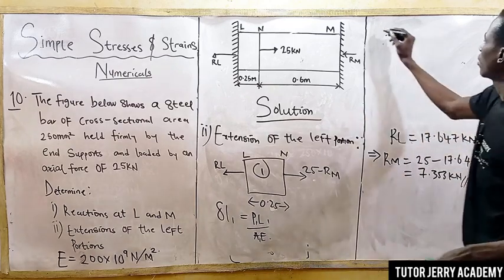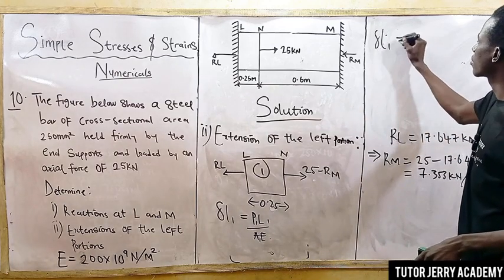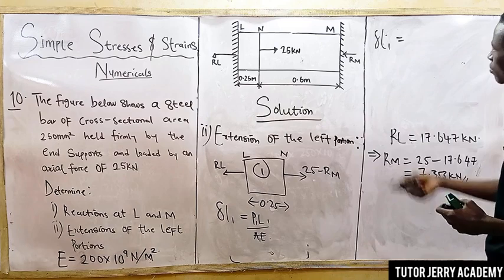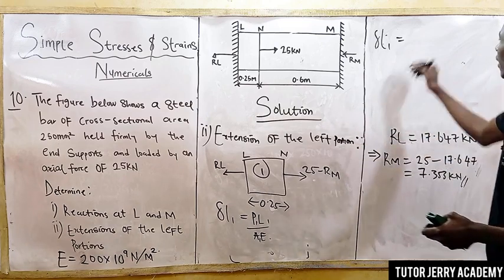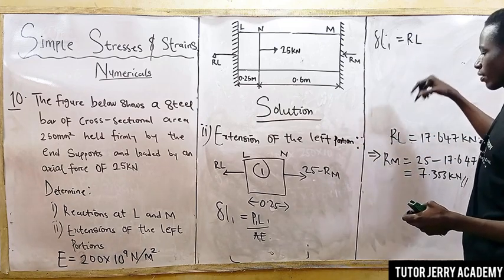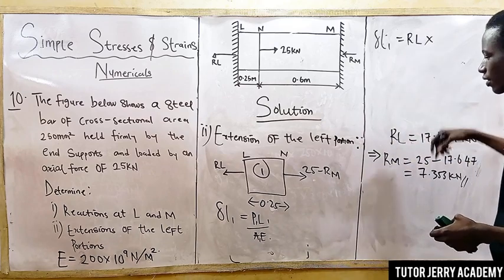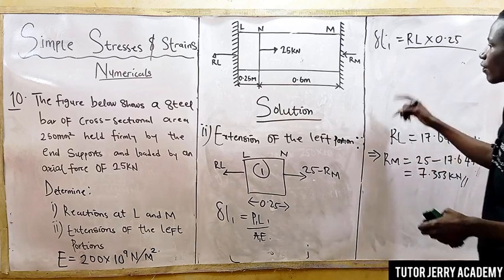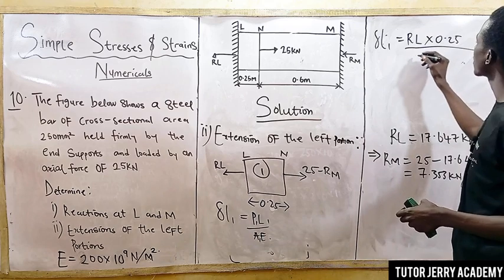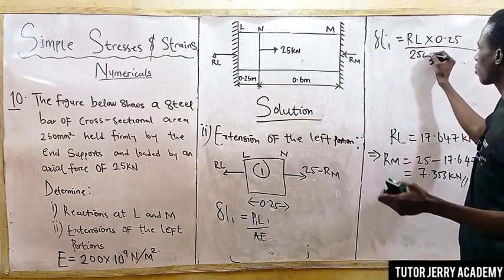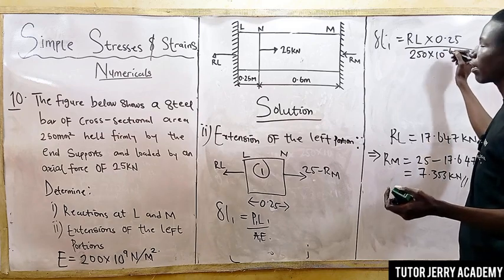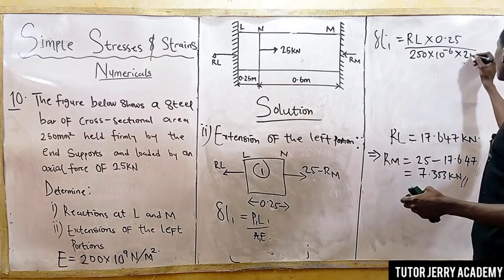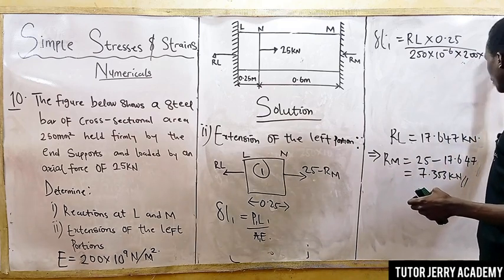So the change in length of the first section, or the elongation of the first section, will be equal to the magnitude of pull, which is RL, multiplied by the length, 0.25, of the first section, all over the area, which is 250 millimeters square, converting to meters, 250 times 10 to the power of minus 6, multiplied by the modulus of elasticity, 200 times 10 to the power of 9.